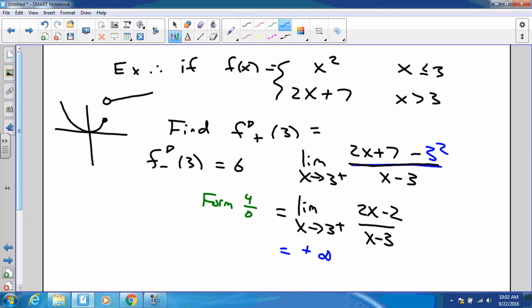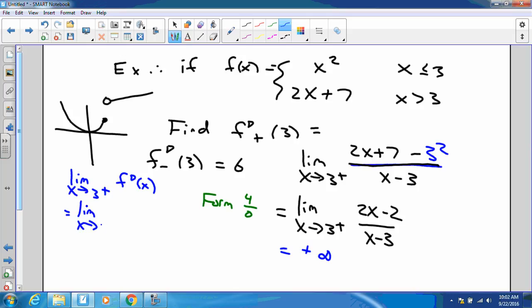And this is the part of analysis that requires our special attention. Because if I were to consider the derivative of just this piece, what is the derivative of just this piece? 2. And if I approach 3 from the right, I get 2. So watch this.